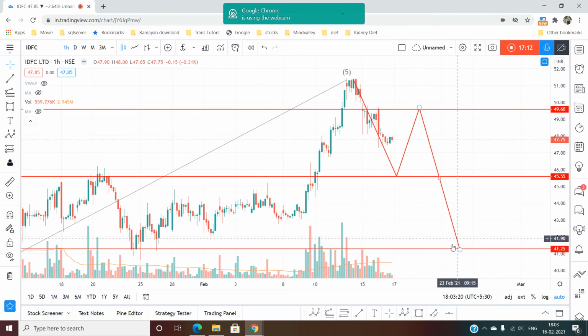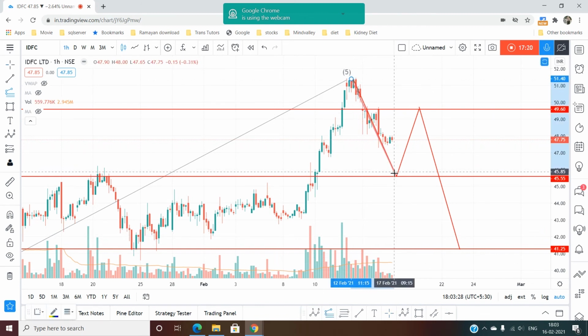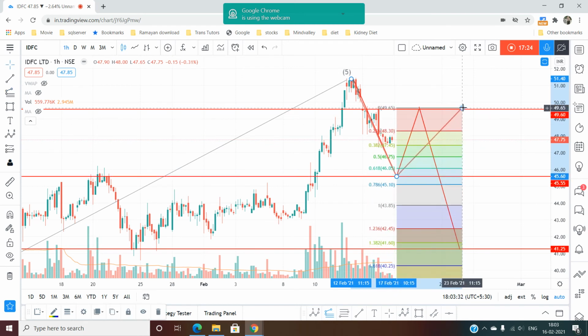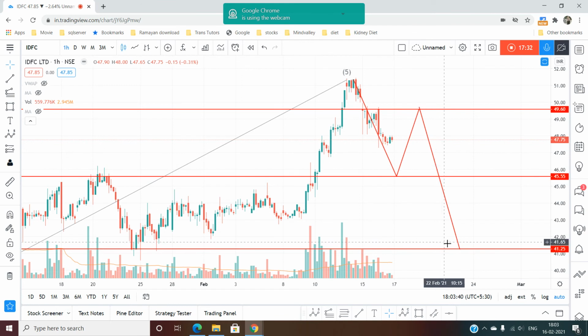What is the probability of it coming to 41.5 or 41.25? If we take a Fibonacci from here, we'll do a projection and we'll see 1.382 falls here, 41.25. So that is why I think 41.25 is very easily available to come.